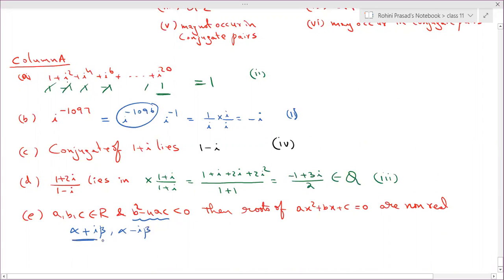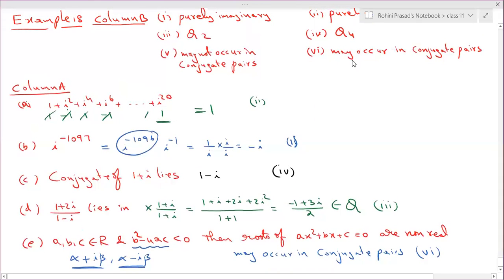So roots always occur in this form only. We call them conjugate pairs. So the roots occur in conjugate pairs only. So that is the sixth one. So it's matched to the sixth one, the conjugate pairs.